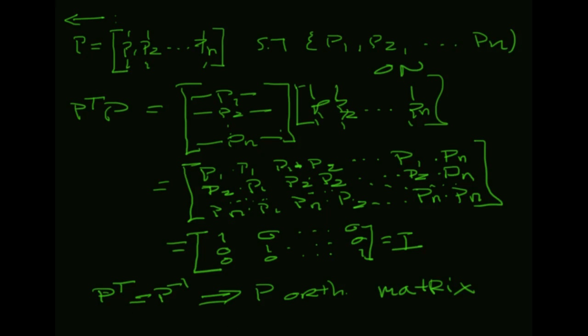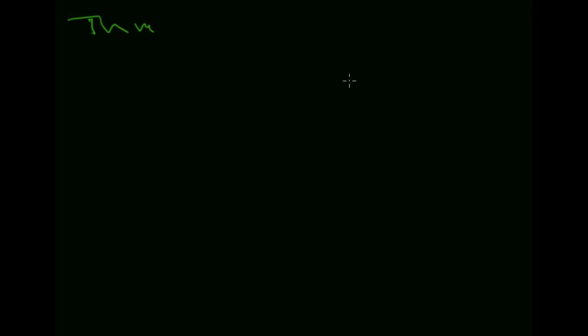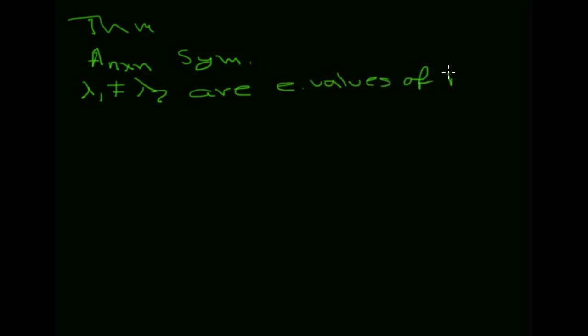Alright, so let's get another theorem that might be relevant. In this theorem, we're going to go back to A being n by n symmetric, and we're going to say that lambda 1 not equal to lambda 2 are eigenvalues of A that correspond to x1, x2.